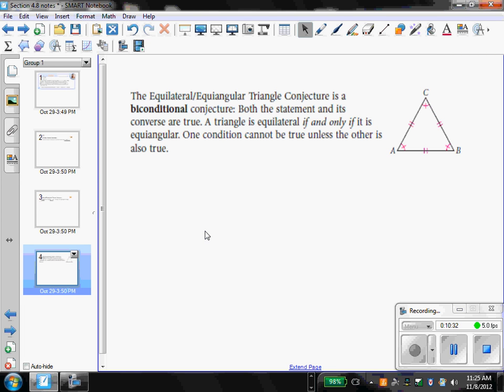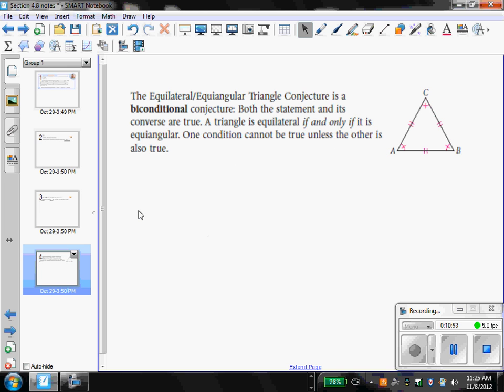You can say if equiangular, then it's equilateral, or if it's equilateral, it's equiangular. One condition cannot be true unless the other is true. So when that happens, it is called a biconditional, and you can write it as an if and only if statement.